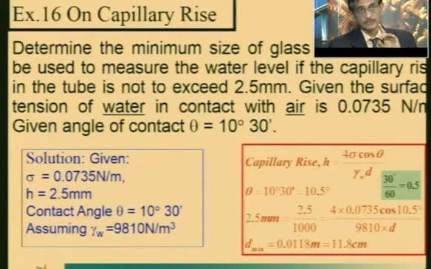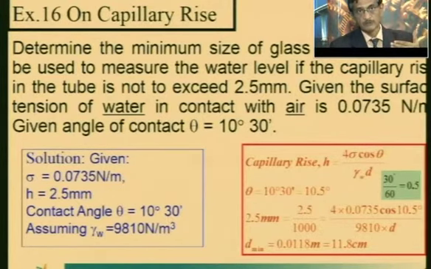Definitely 10 degree is no problem at all. 30 minutes we will convert here. On the right side I have given a formula: 30 minutes divided by 60 as 0.5. Assuming the specific weight of the water as 9.81 into 1000, which is 9810 Newton per meter cube. So, all the data are listed properly.